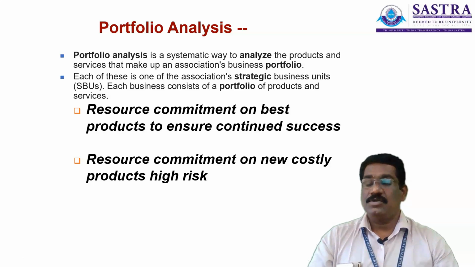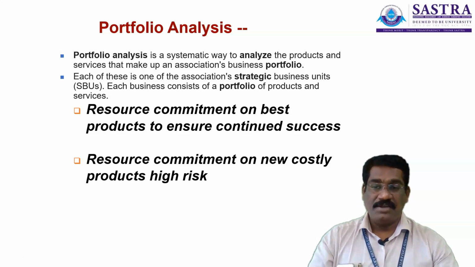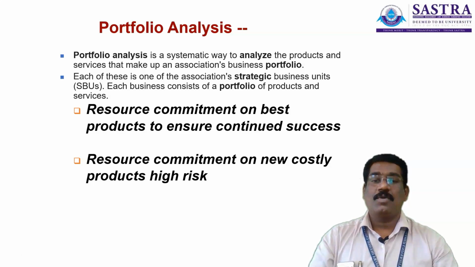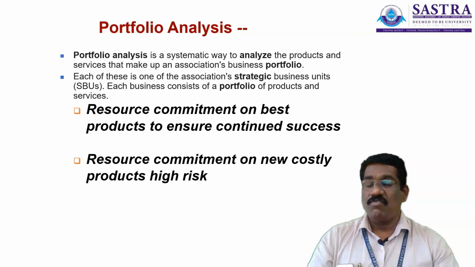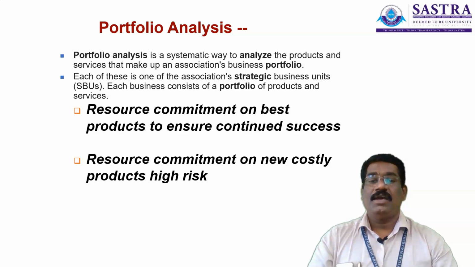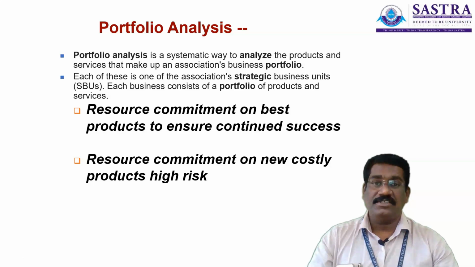All these are considered SBUs, and they want to understand which category of product line is really performing well using this BCG matrix, and also how much resource commitment to put on a new costly product. Is there any high risk involved in it? Growth and market share are considered in this portfolio analysis.